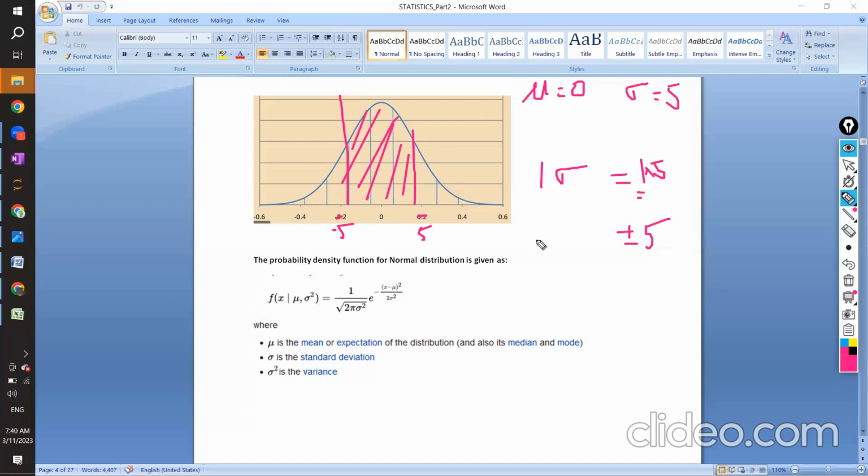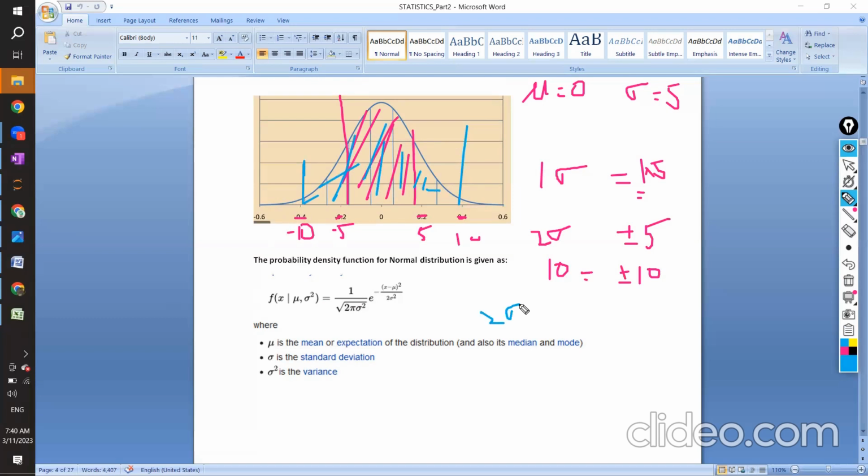If they ask you two standard deviations, it will be 2 into 5, 10, so plus or minus 10. If this is 10 and this is minus 10, then from here to here, everything under this graph will be the region for two standard deviations. Is that clear?